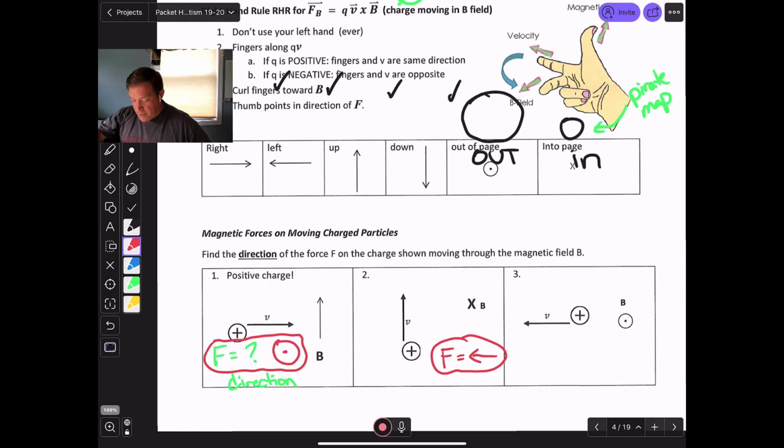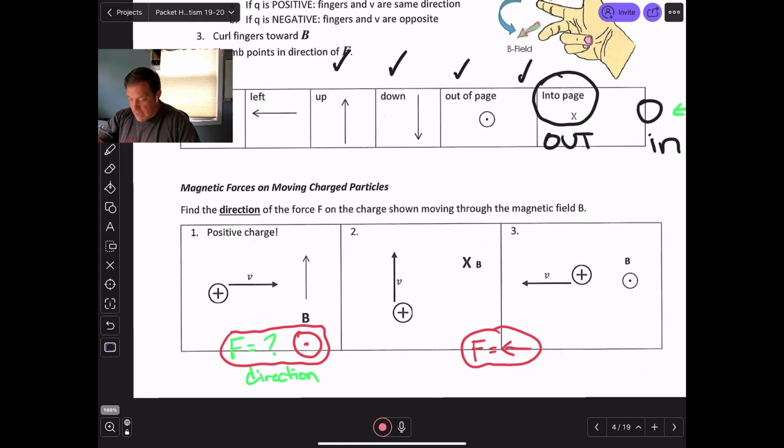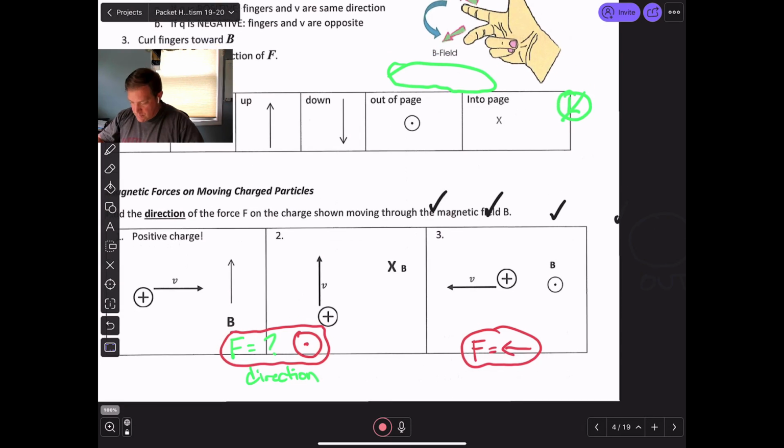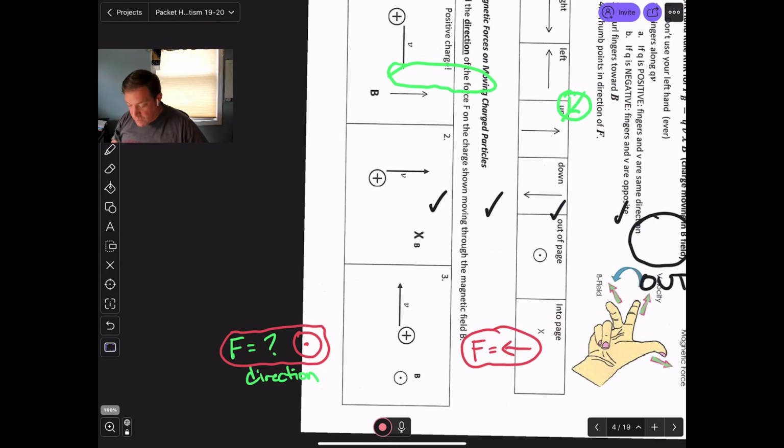Okay, how about number 3? I think we're going to have to rotate the page again. Now, why did I do that? Well, because now my pointer finger, you always do charge first, the velocity and the charge first. But now, which way is my magnetic field pointing? Oh, it says B dot, circle dot.